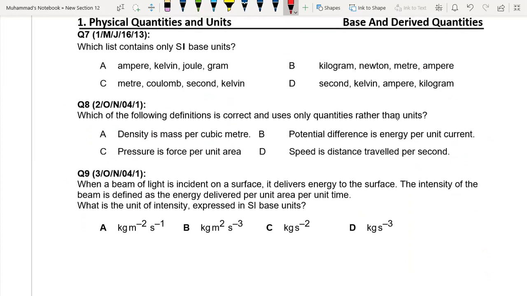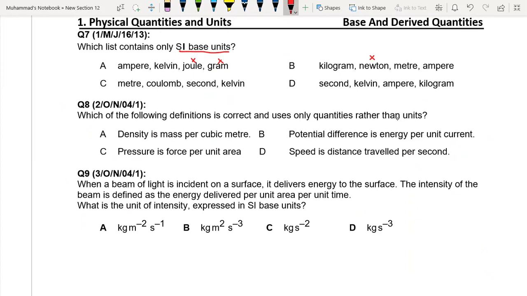Question 7, which list contains only SI base units? We have to look for SI base units. Ampere is SI base unit. Kelvin is SI base unit, but gram and joule are not SI base units. Kilogram, Newton is not SI base unit.